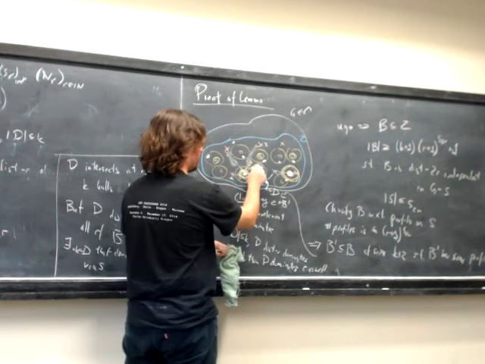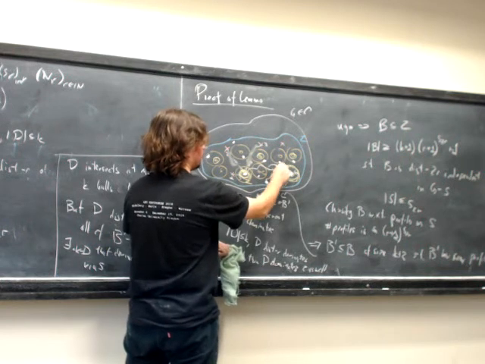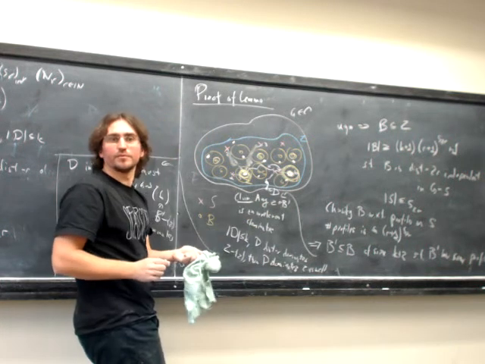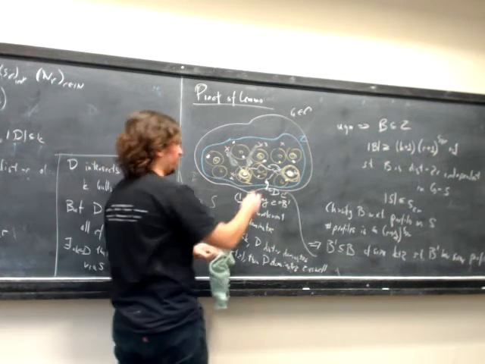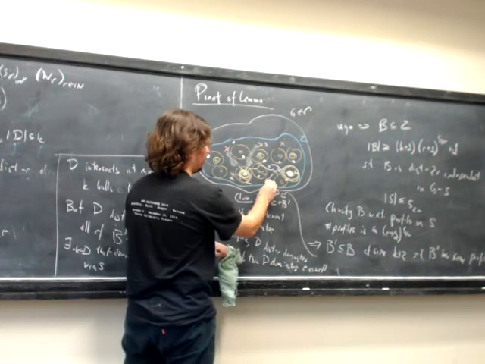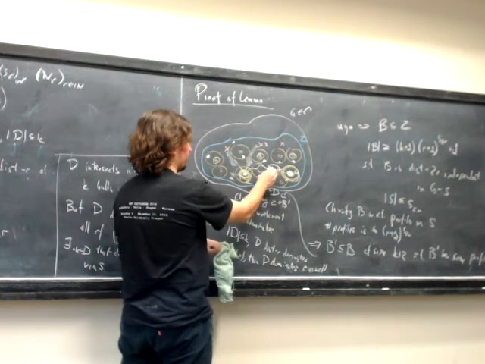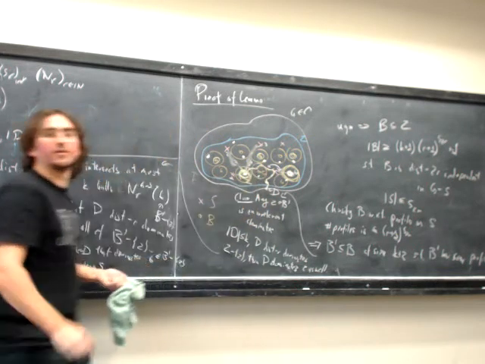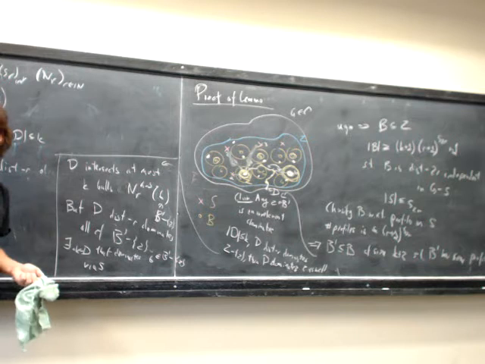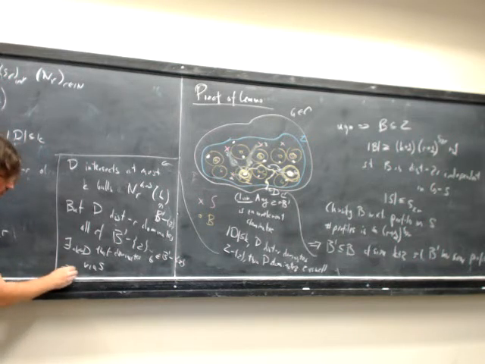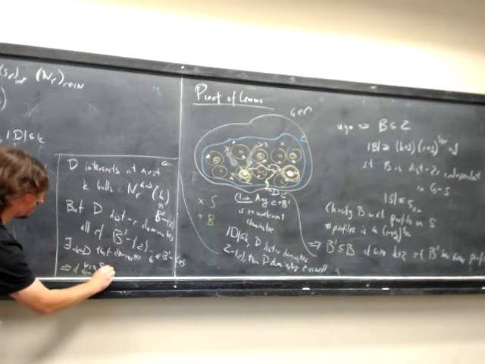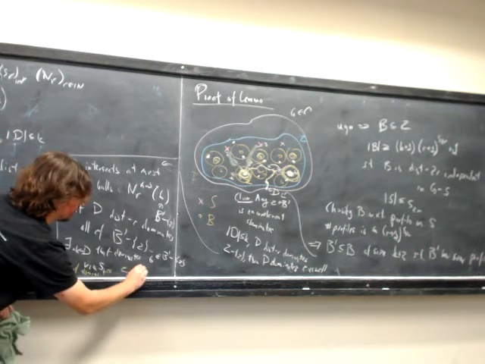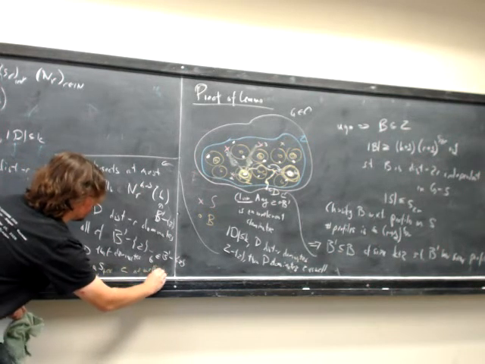This distance is the same as this distance. So now we see this vertex D can go to this vertex of S and then follow this path to dominate Z as well. So D dominates Z as well. And we are done.